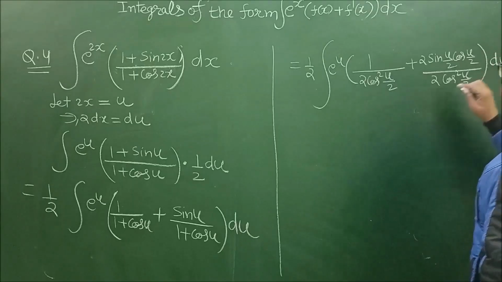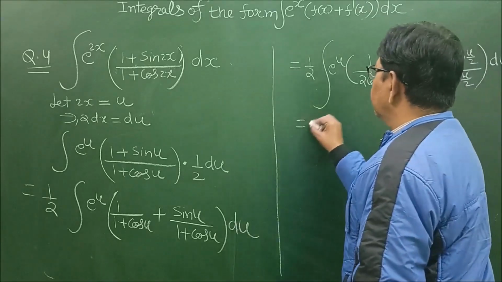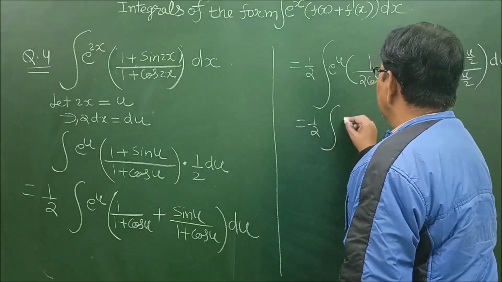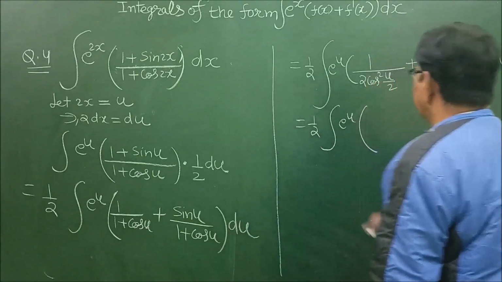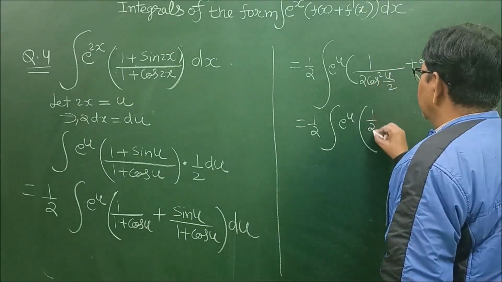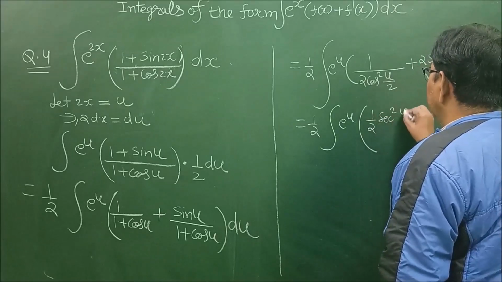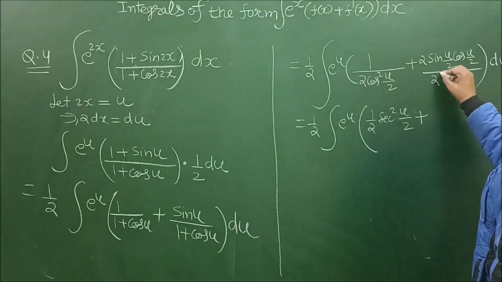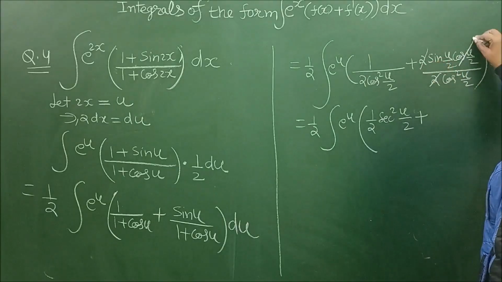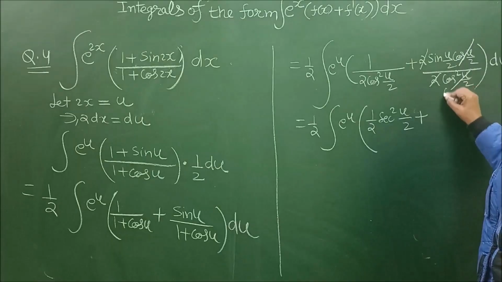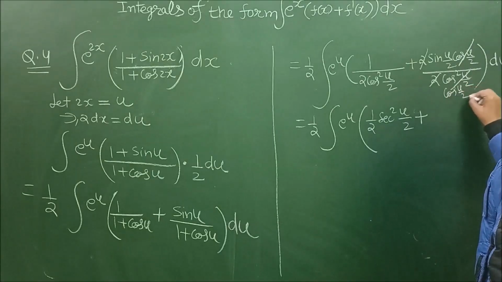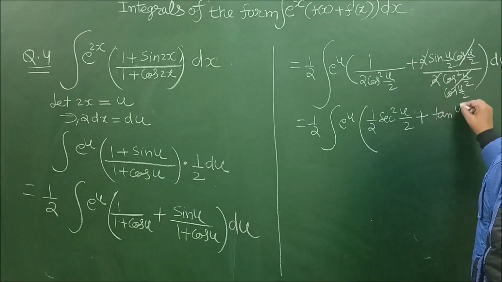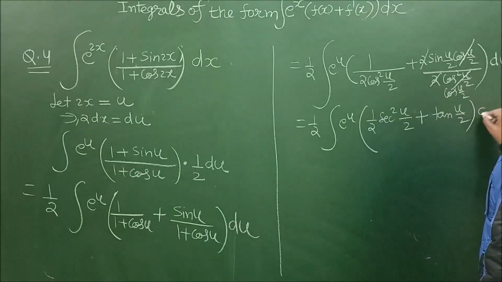And here if we simplify, this is equal to 1 upon 2 integral of e raised to the power u inside the bracket half sec square u by 2 plus, the 2 and 2 are cancelled here, cos u by 2 cancelled, tan u by 2, du.